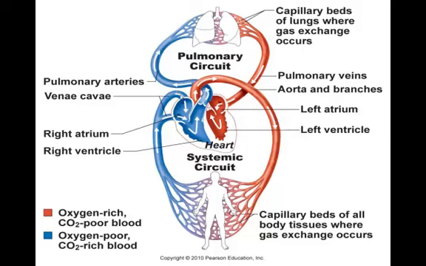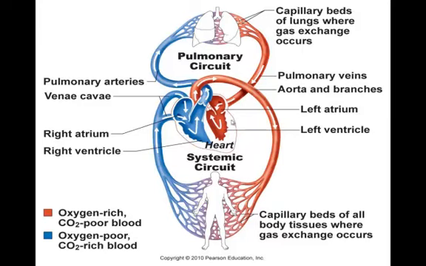There's another blood vessel that's not on here, at the back of the heart, and that's the coronary sinus. It is also dumping low oxygen, high carbon dioxide blood into this right atrium. The coronary sinus is draining the blood from the actual myocardium itself.